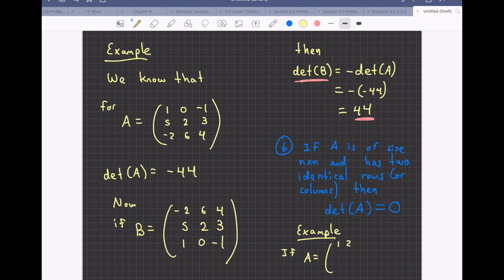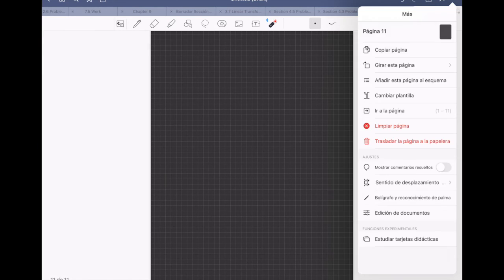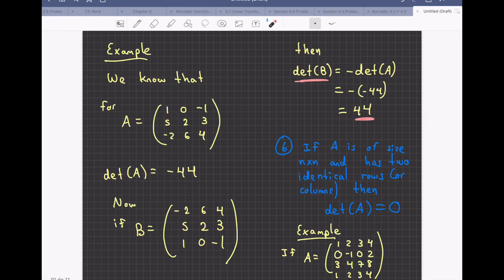Let's say I have 1 2 3 4, 0 negative 1 0 2, 3 4 7 8, and 1 2 3 4. Yeah, notice this row and this row, they are the same. If you see two rows equal or two columns equal, automatically the determinant of A is 0, just like that.